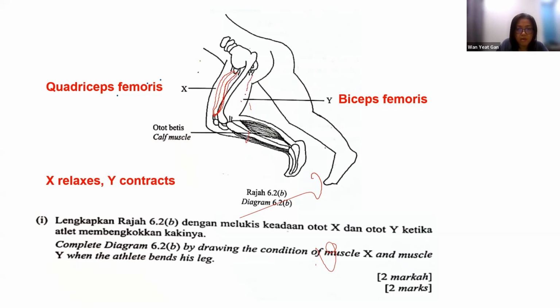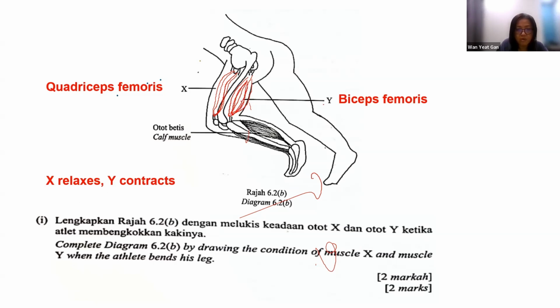Whereas this one, draw it like it is contracting. So Y is contracting, so you draw it a bit bigger.